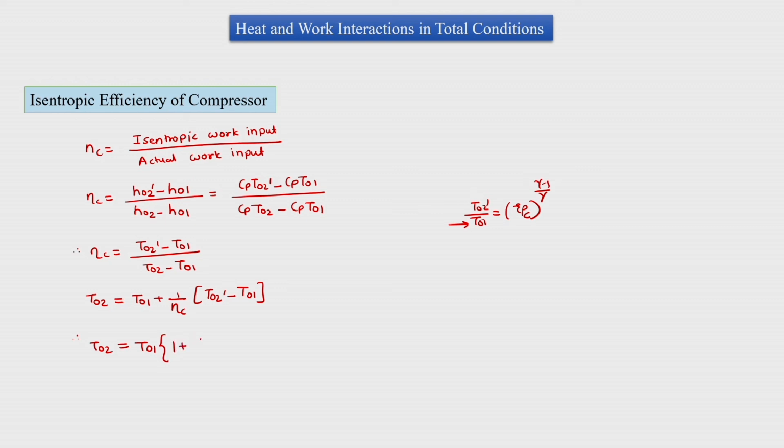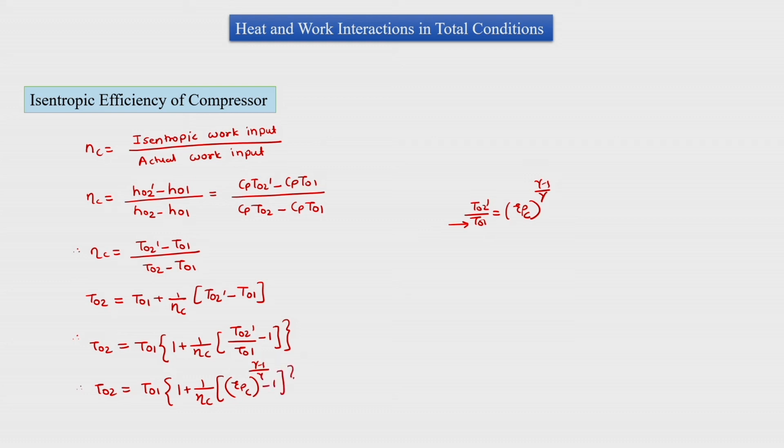So it will be 1 plus 1 upon isentropic efficiency of compressor into T naught 2 dash upon T naught 1 minus 1. We will write it as T naught 2 is equal to T naught 1 into 1 plus 1 upon compressor efficiency, and then Rp pressure ratio for compressor, bracket raised to gamma minus 1 upon gamma, minus 1.